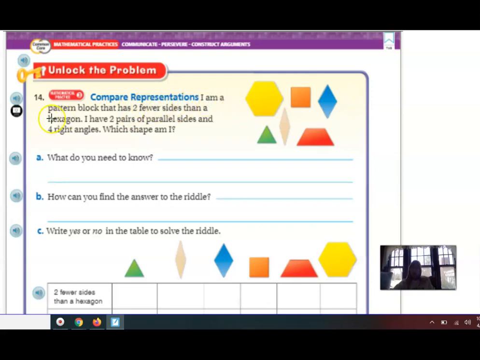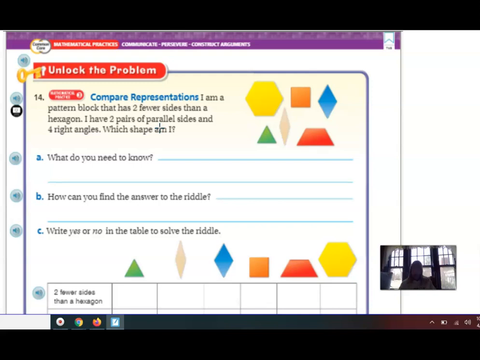All right, so we're going to go on to comparing representations. So I am a pattern block that has 2 fewer sides than a hexagon. Hexagon has 6 sides. I have 2 pairs of parallel sides, and 4 right angles. So it says, which shape am I?